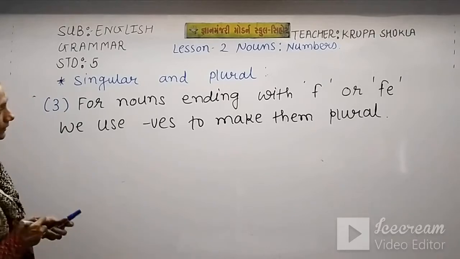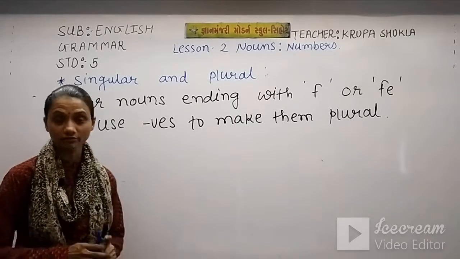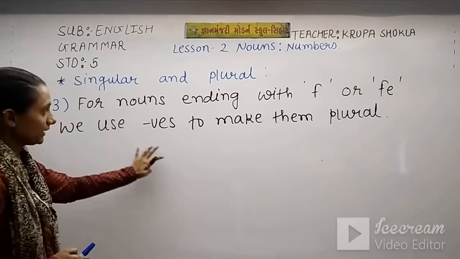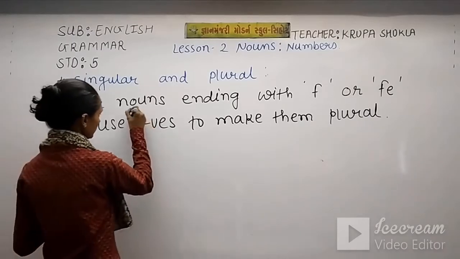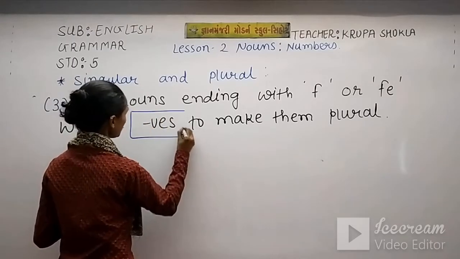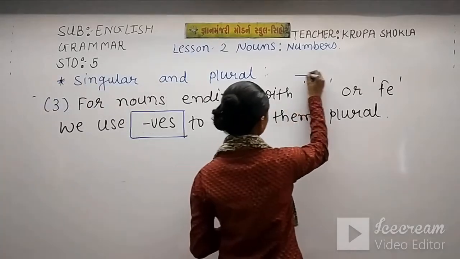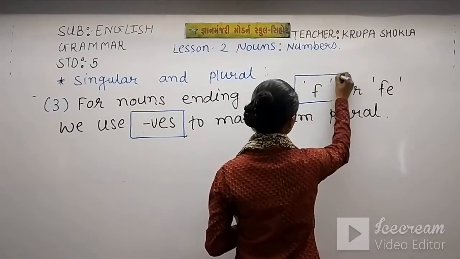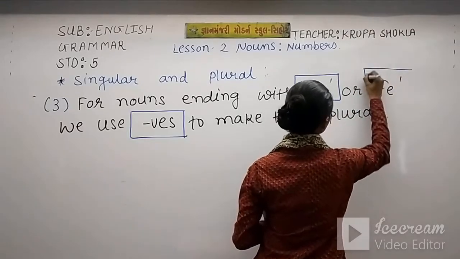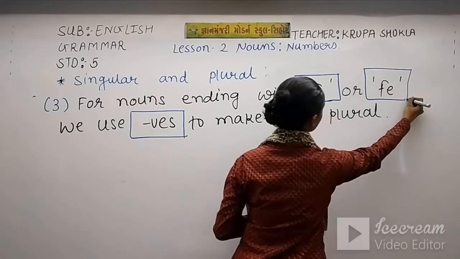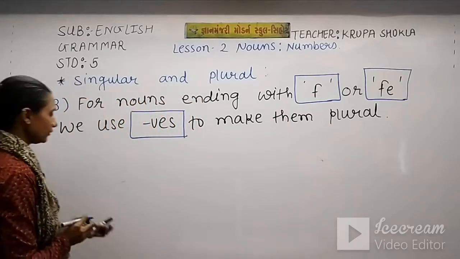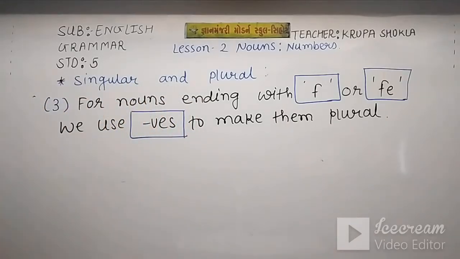So what to do with the words ending with f or fe to make them plural? You just need to add ves when you find words ending with f or fe. Okay? Let me give you examples.